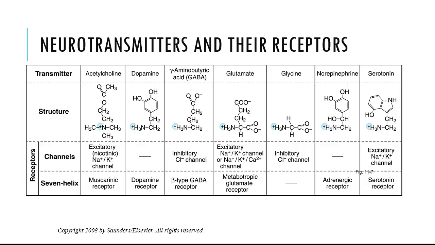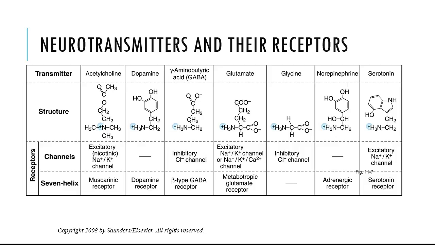If we look at some of these neurotransmitters such as acetylcholine, we can see there's actually how many classes of receptors for acetylcholine? 1, 2, very good. Some acetylcholine receptors are simply just channels, and some are more complex and activate G proteins.